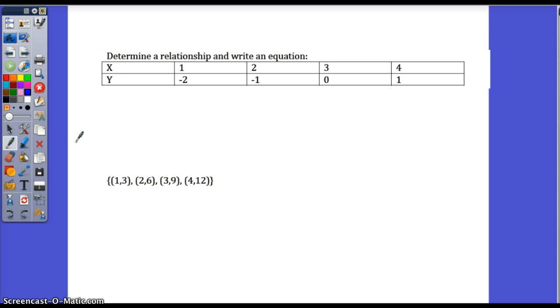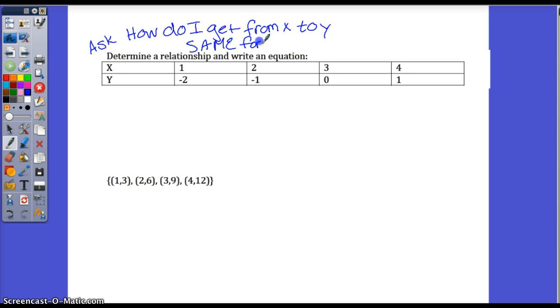So I want to ask myself, how do I get from x to y? And I want it to be the same for all.